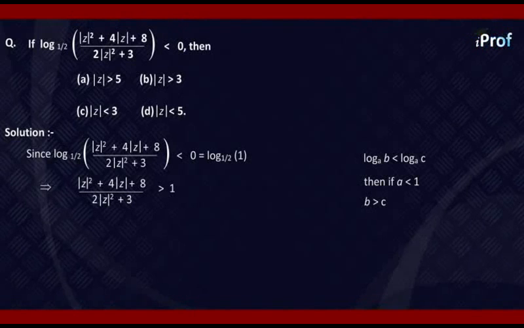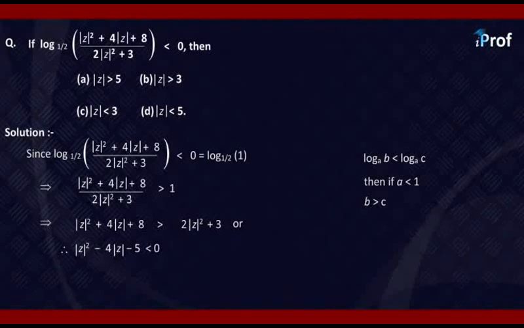Multiplying crosswise, since the denominator is positive, the inequality will continue to hold that way. That shows |z|^2 + 4|z| + 8 is greater than 2|z|^2 + 3, or |z|^2 - 4|z| - 5 is less than 0, which can be factorized into (|z| + 1) and (|z| - 5), whose product is less than 0.